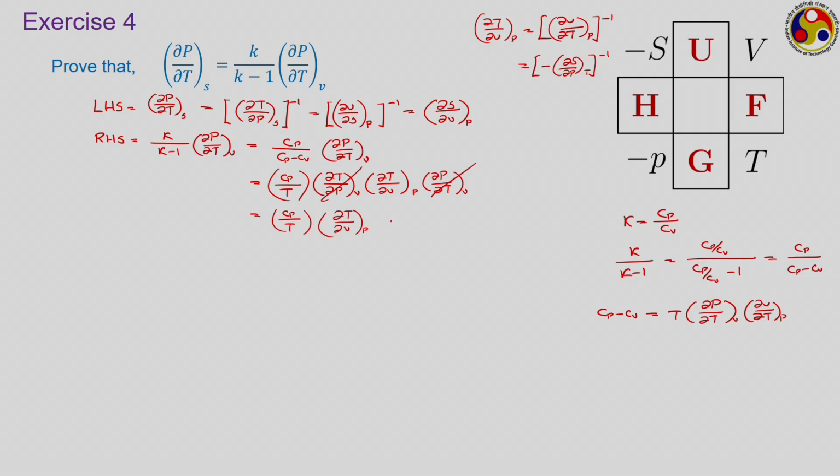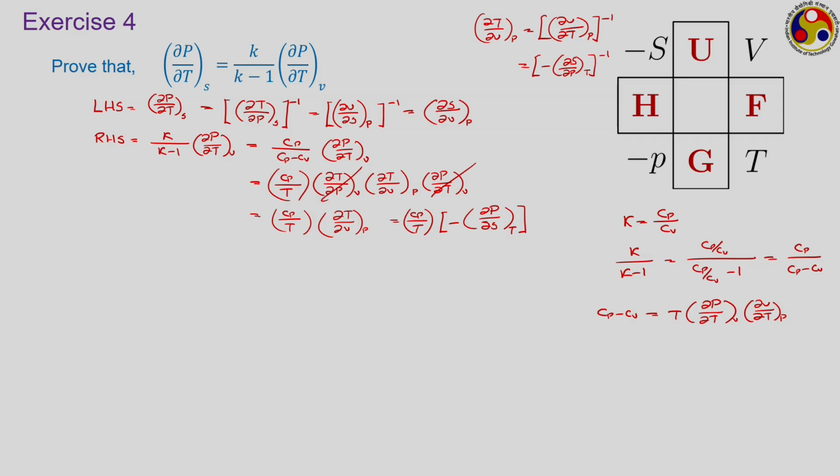So, accordingly this one becomes Cp by T into minus of ∂P/∂S, like this. So, what next? What is the next substitution that we have to do with T constant?